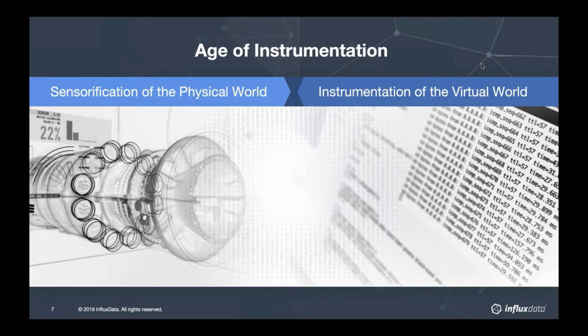On one side, you have the sensorification of the physical world. Every surface out there, every infrastructure out there that has any interest in monitoring and understanding how it is behaving is being monitored.